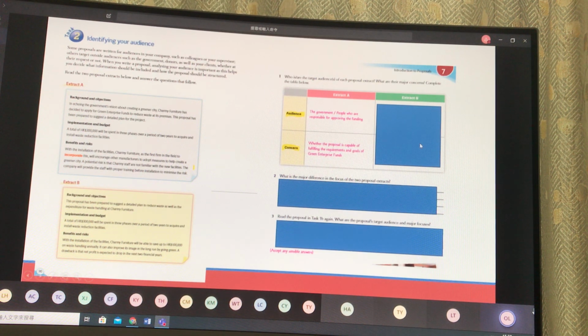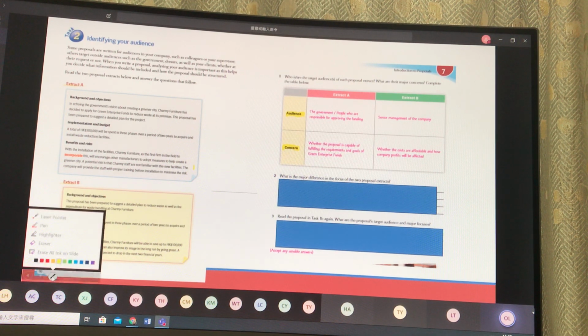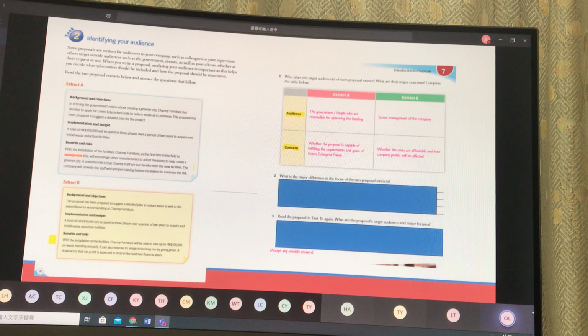So this time, who would be worried about it? Who is the audience? That would be the management or the senior management of the company, and they are only concerned about money, right? We're only doing this if it will save us money. So whether the costs are affordable and how it will affect our profit. So that's all that companies really care about.